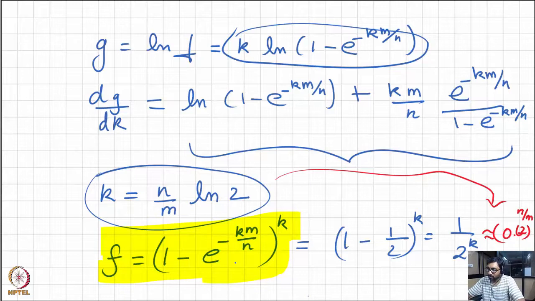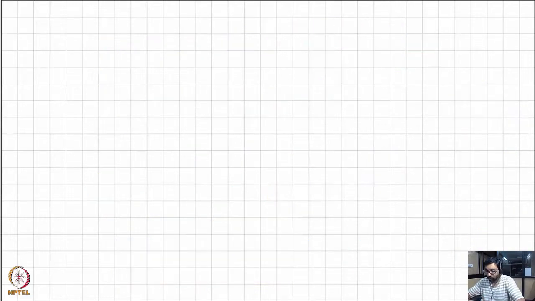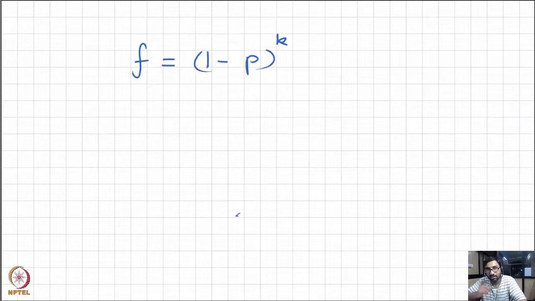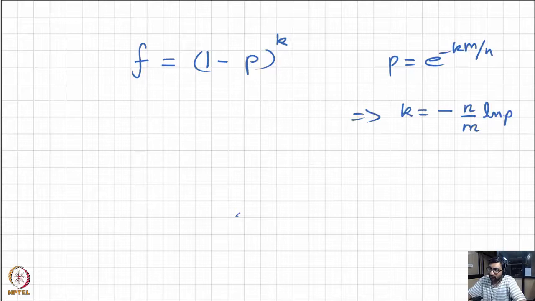Let's also look at this expression a little bit more carefully and try to get some more insight out of it. Now consider this expression f equal to (1 minus p) raised to the power k. What is k in terms of p? Now recall that p equals e to the minus k m over n. And this implies that the value of k equals minus n over m ln p. So let's apply that here.